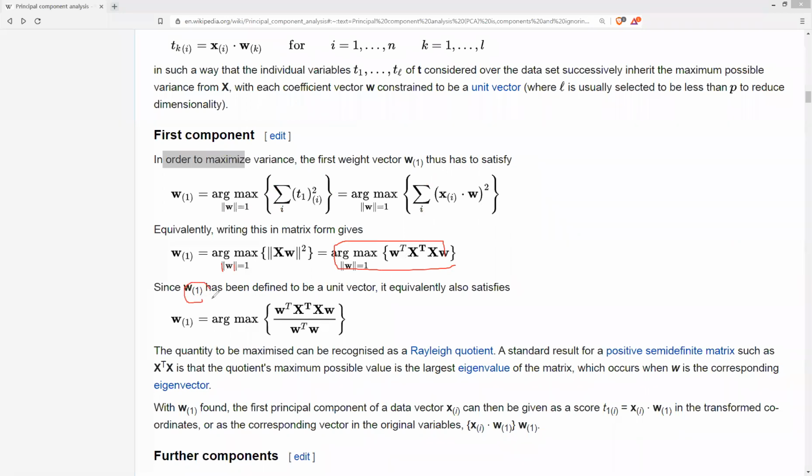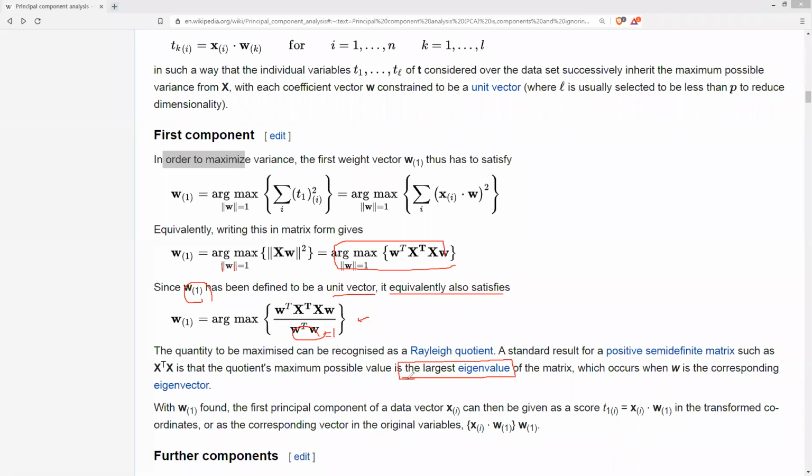Since W1 has been defined to be a unit vector, it is equivalent to also satisfy this, because this term is equal to 1, right? The quantity to be maximized can be recognized as a Rayleigh quotient. You can forget about it. A standard result for a positive semi-definite matrix such as X prime X is that the quotient's maximum value is the largest eigenvalue. This is important.